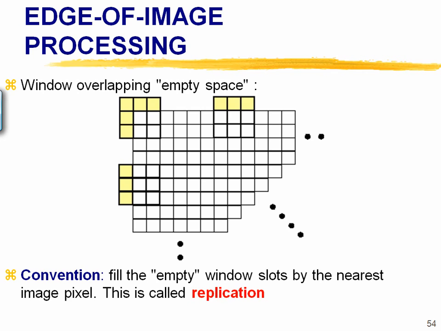So the general rule of thumb for dealing with that is replication, which means for every pixel that sits outside of the image, defined by a windowed set, you replicate its value to the closest pixel of the image. Okay. So the value here would be the same as this, same as this, same as this, and so on.